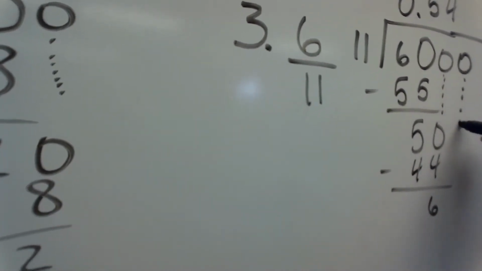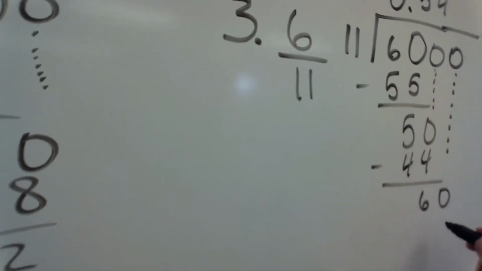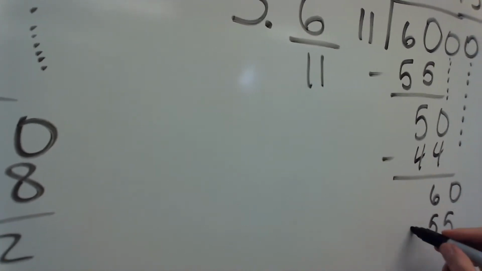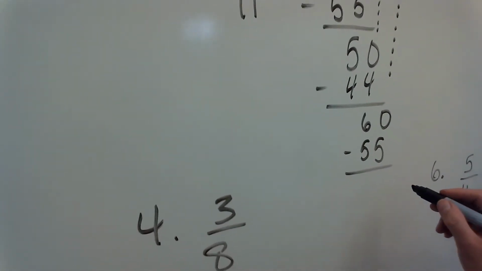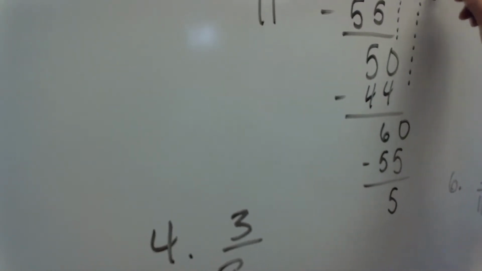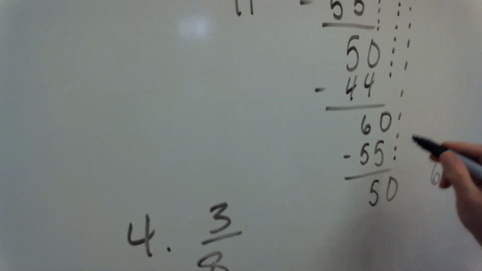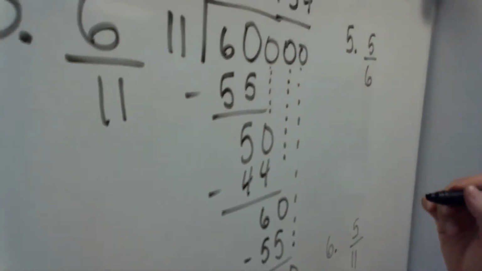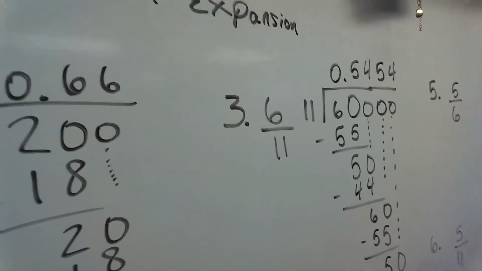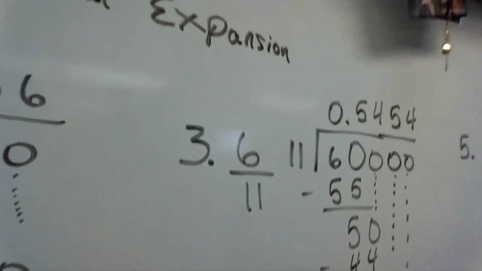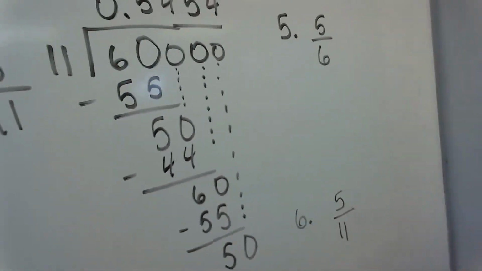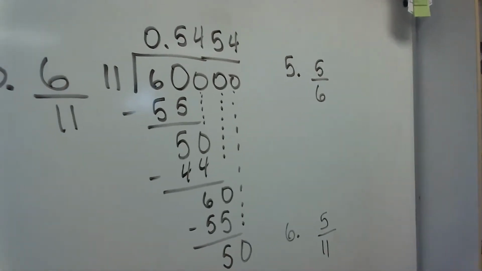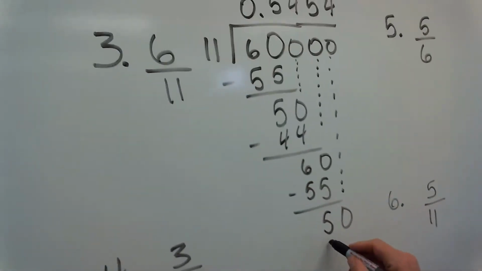Add another 0. Bring it down. 11 goes into 60 again, 5 times. Starting to look like a pattern. 60 take away 55 is 5. Bring down a 0. 11 goes into 50 4 times. 4 times 11, 44.